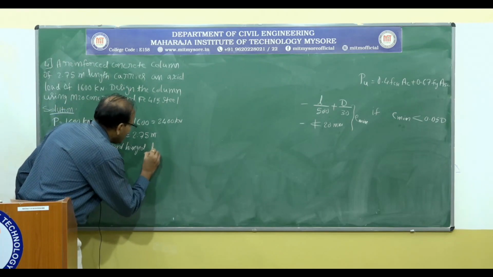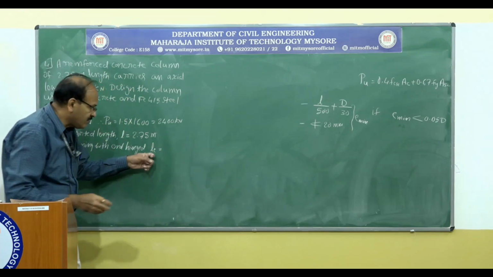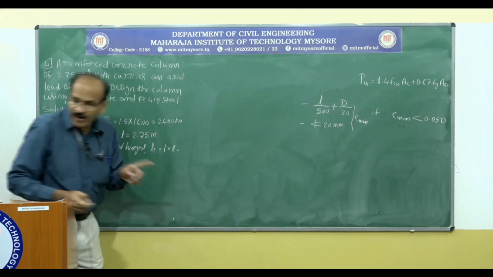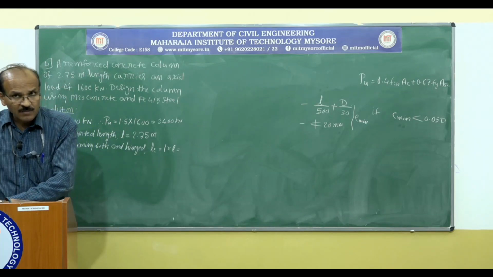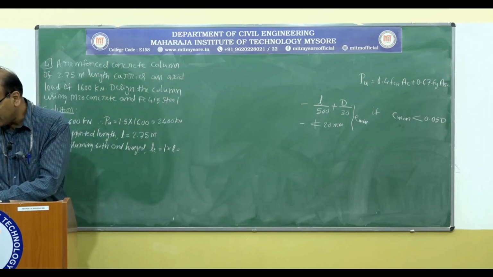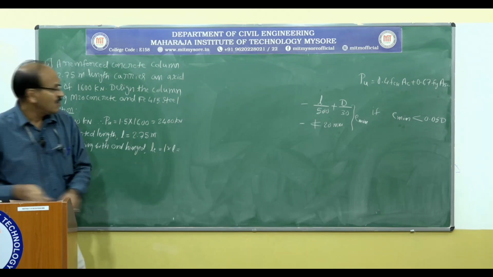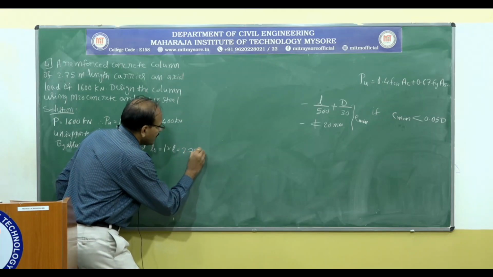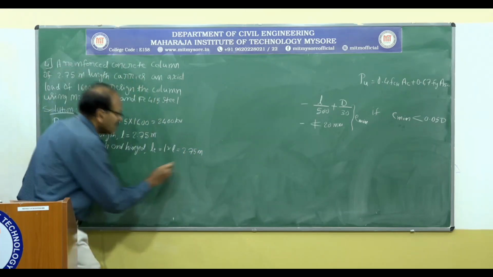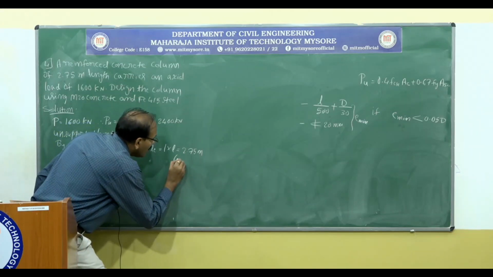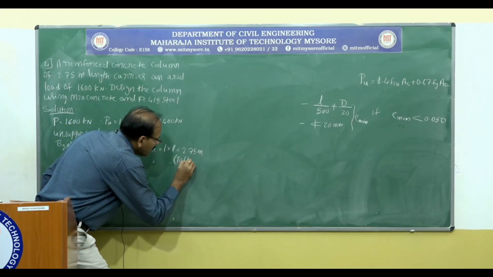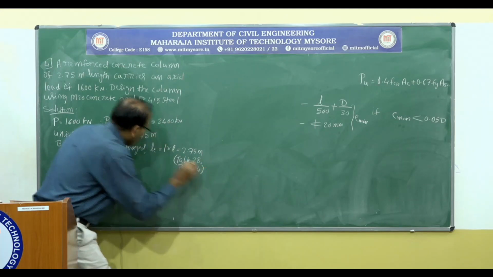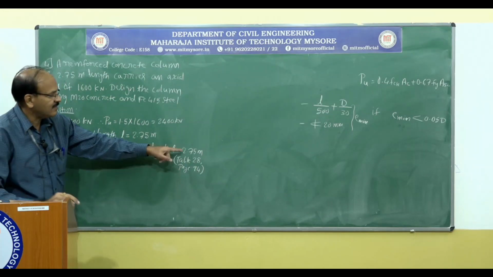So LE, the effective length of the column, equals 1 multiplied by L. Where did we get this? Again, page number 94, table 28. So 2.75 meter is the effective length.